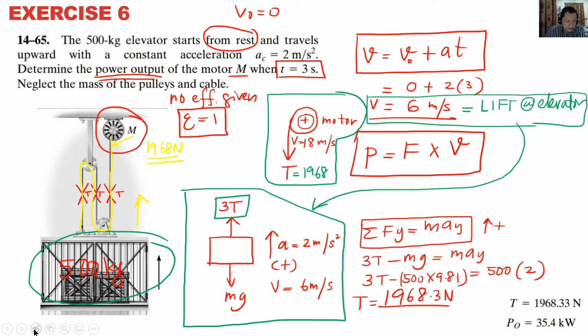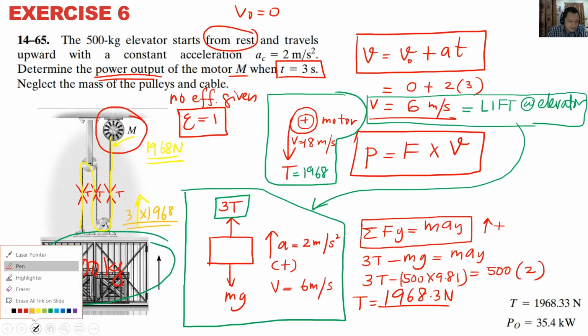The load is higher at the bottom. It's actually times 3 lah. Yeah, the tension that you need to pull, it's 3 times at the bottom. But vice versa, it works the same.